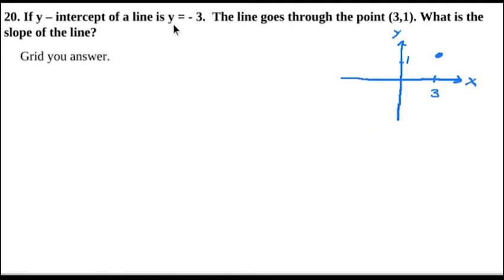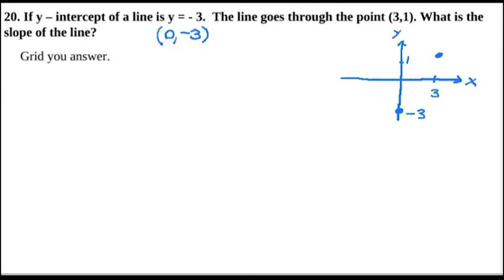And then y is equal to negative 3. Well, let's put that in. Y is equal to negative 3. And we know that coordinate would be 0 in the x direction on the y-axis, and the y coordinate is negative 3. Okay, so we have all the information here.